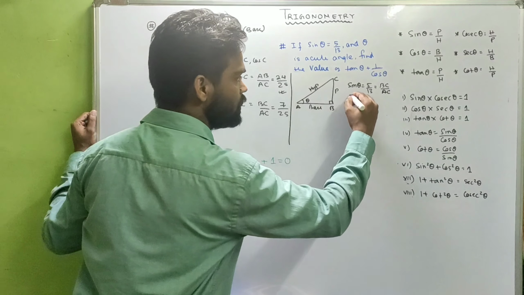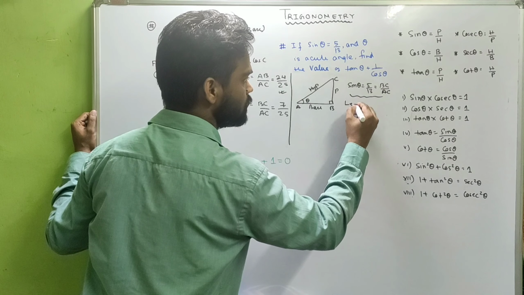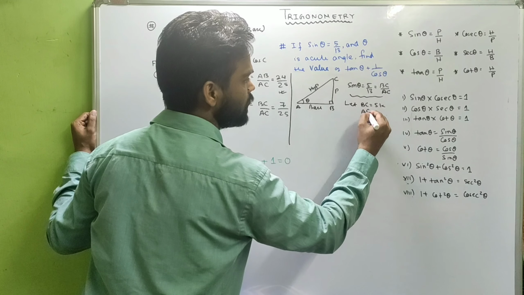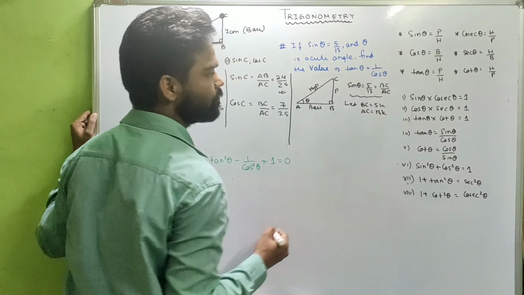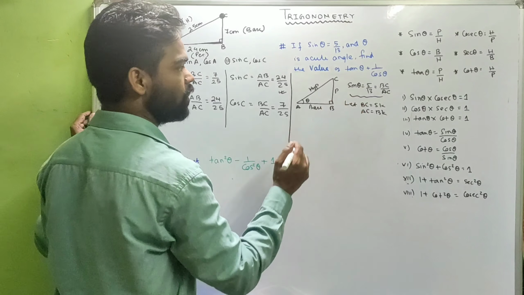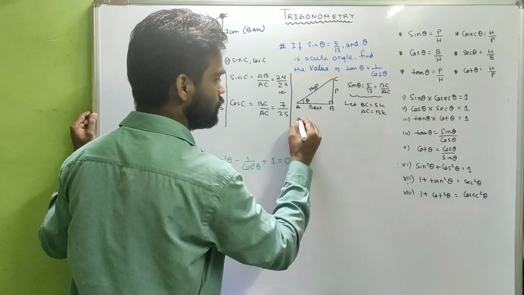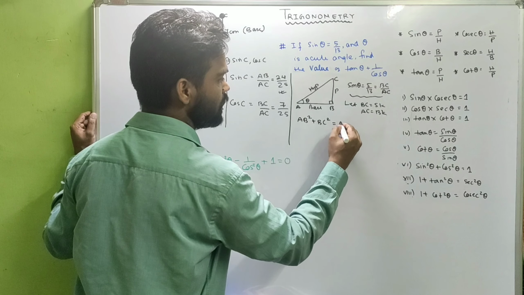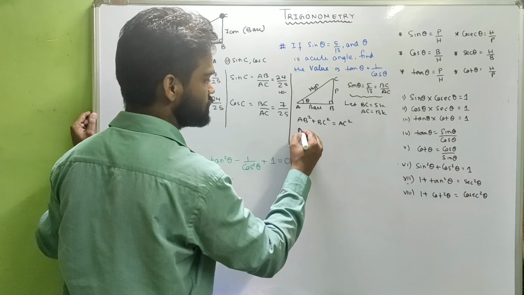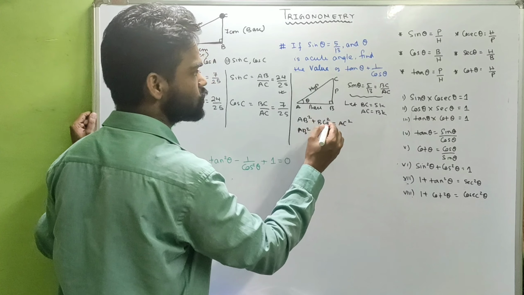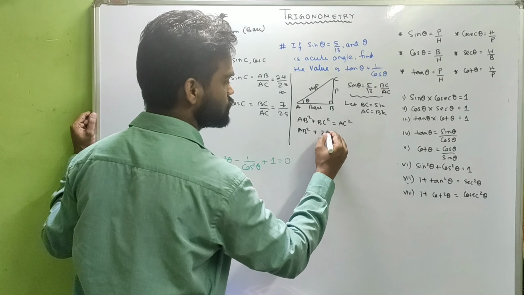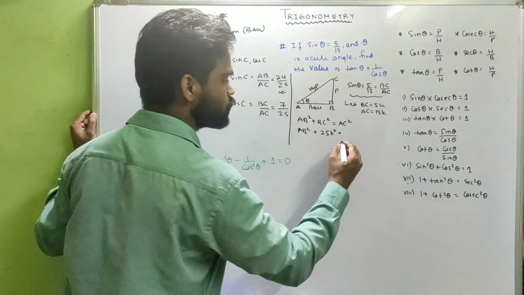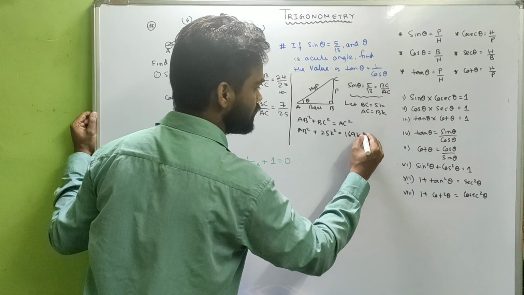So by this relation, can I let BC as 5K and AC as 13K? Now with the help of these two, I'll try to find AB. Look over here, Pythagoras theorem: AB square plus BC square is AC square, which means AB is not known. BC square is 5K whole square, 25K square, equals AC square, 13K whole square, which is 169K square.